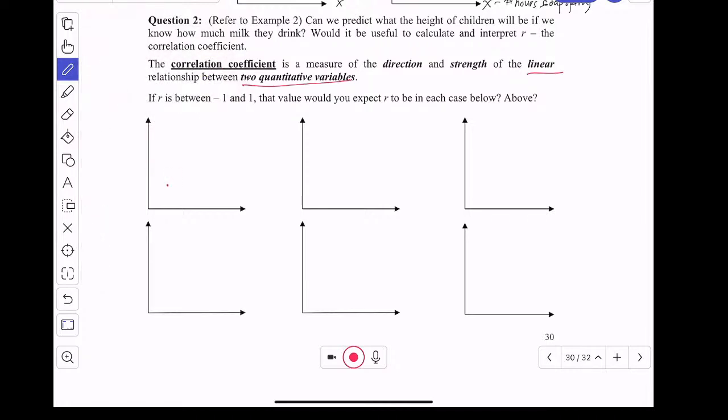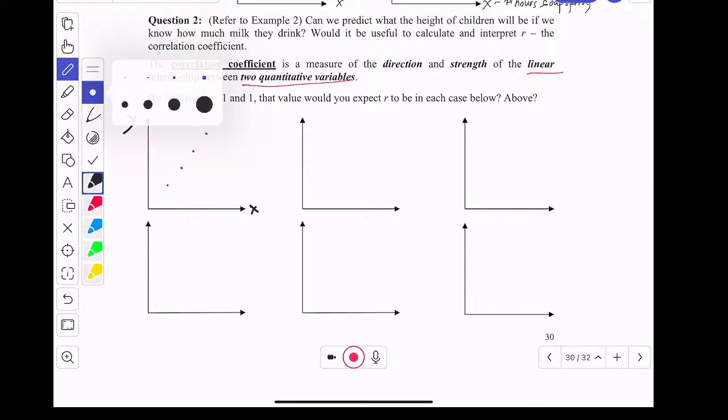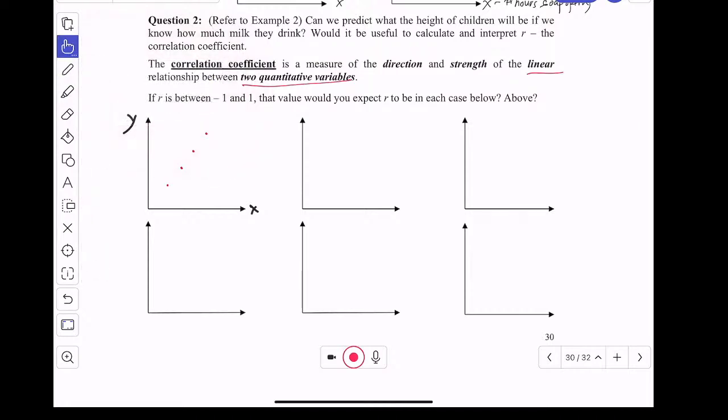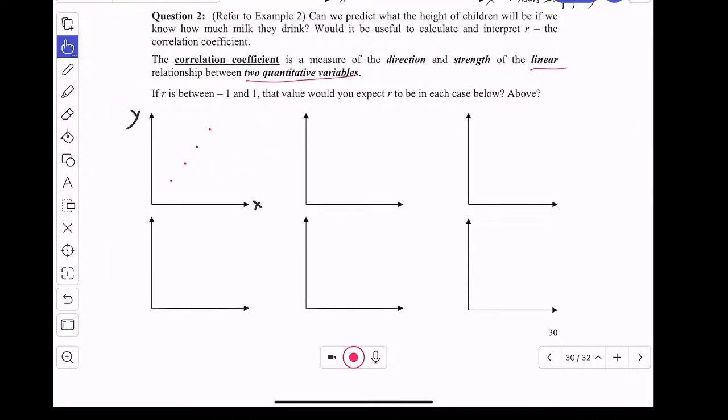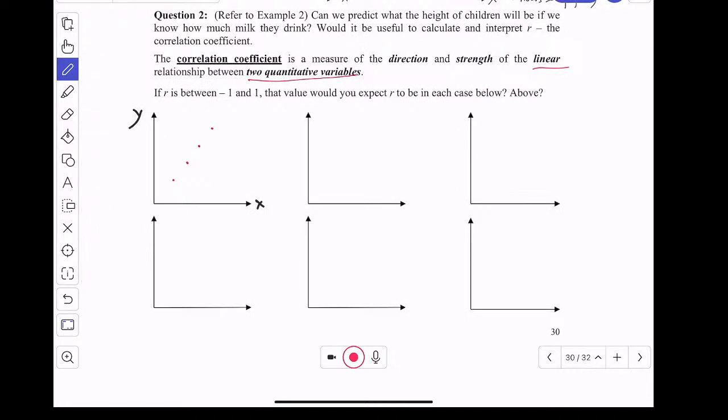So I begin with R is an index. R is a value between -1 and +1.